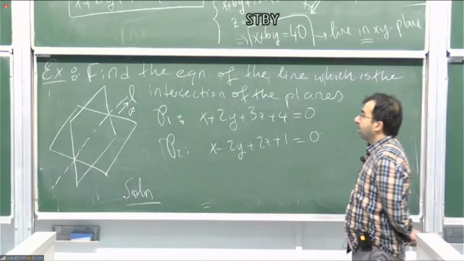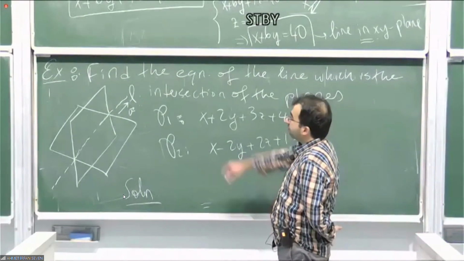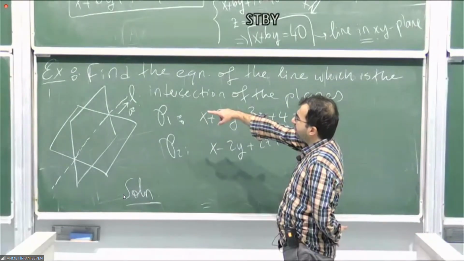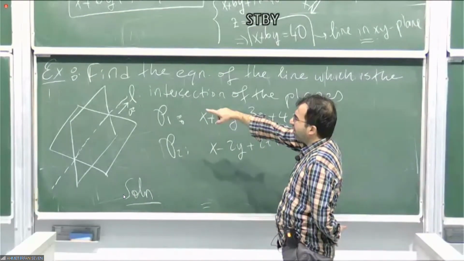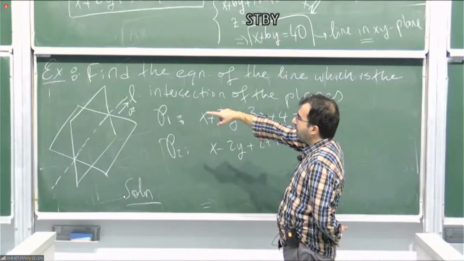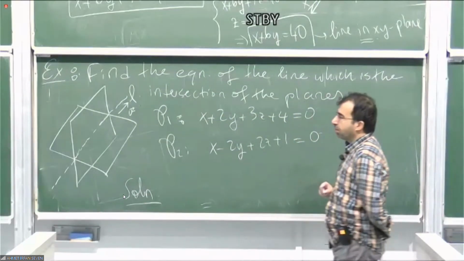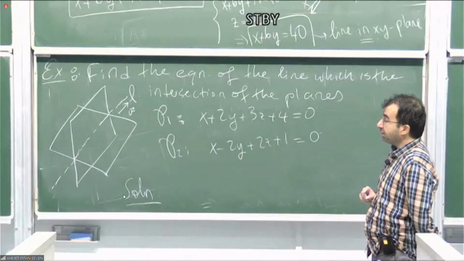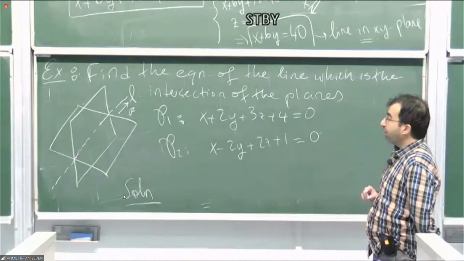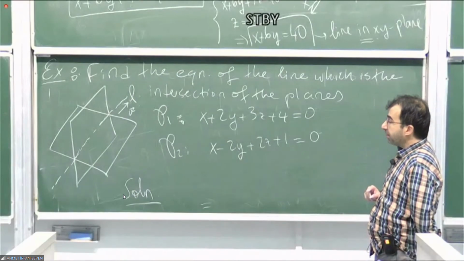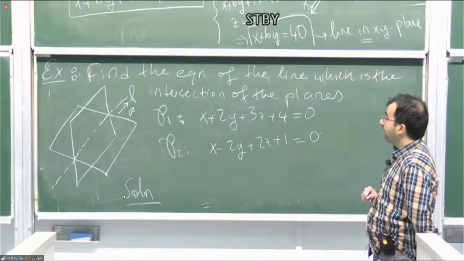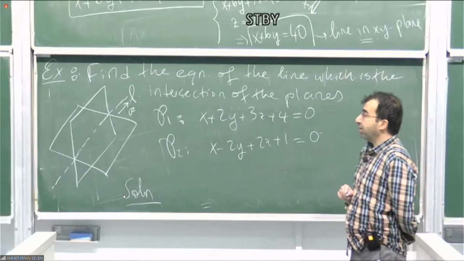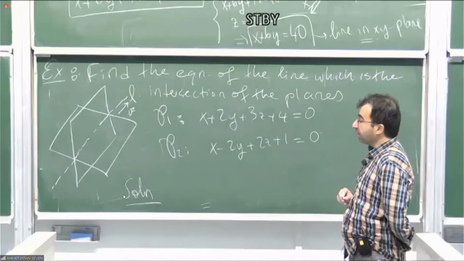Well, you see this vector V will be parallel to this line. So it will be parallel to both planes because it is in the intersection, right? Therefore, if we think in terms of the normal vectors, it will be perpendicular to both normal vectors.